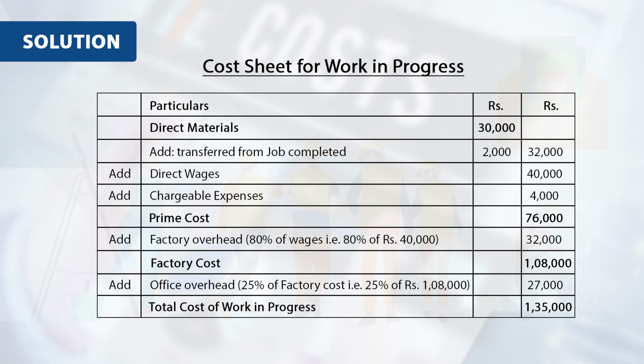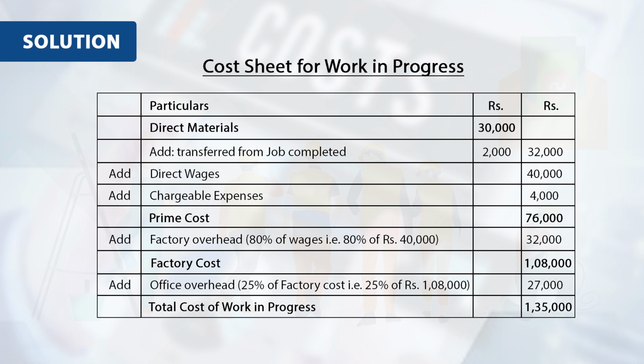In that, add direct wages 40,000, add chargeable expenses 4,000, making total prime cost as rupees 76,000. Add factory overhead 80% of wages, that is 80% of 40,000, rupees 32,000, giving us factory cost rupees 1,08,000.